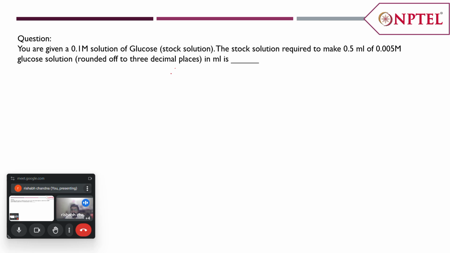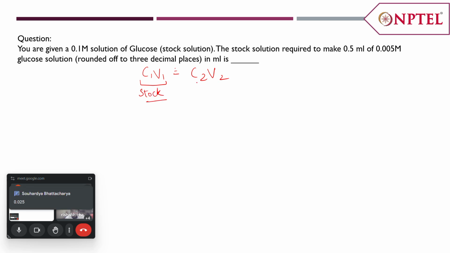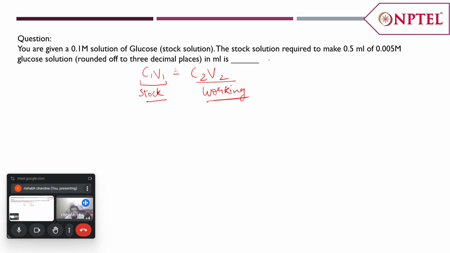So in these kinds of questions, we have a formula that is C1V1 equal to C2V2. This is for the stock that we have, and this is for the working. One answer we got is 0.025 ml.